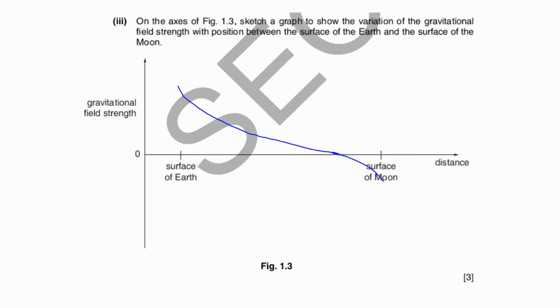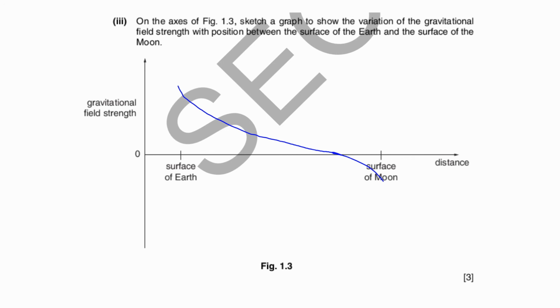So now here, they want you to sketch a graph to show the variation of gravitational field strength. Now how do you plot the gravitational field strength? Firstly, the gravitational field strength at the surface of the Earth will be towards the Earth, which is to the left, according to your diagram. But the field strength at the surface of the Moon will be to the right towards the Moon, no?